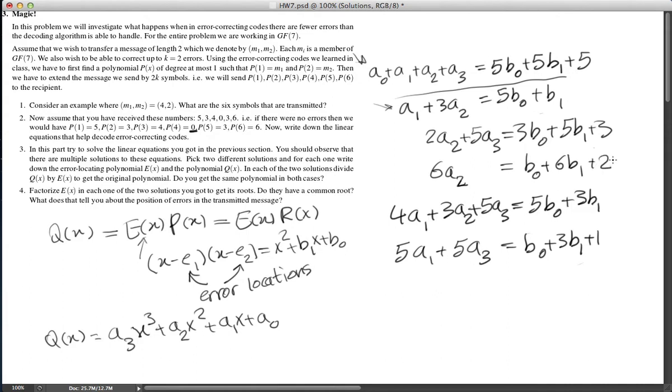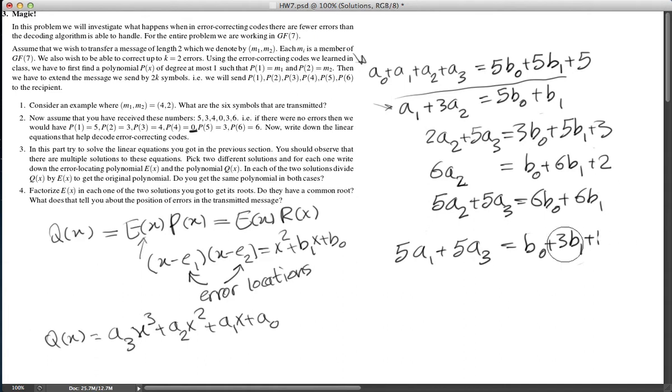Okay. For the fifth equation, if we subtract 4 times the second equation from it, what we're going to get is 5 times a2 plus 5 times a3 is equal to 6 times b0 plus 6 times b1.